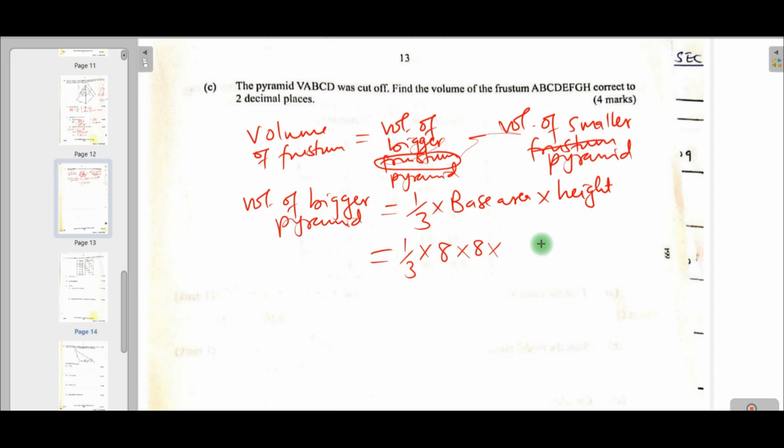Since the ratio, the bigger height will be twice the smaller height, so that will be 2 times 9.79, which we got in part B, and if we work it out, we end up getting 409.17 centimeter cube. Then we find the volume of the smaller pyramid.